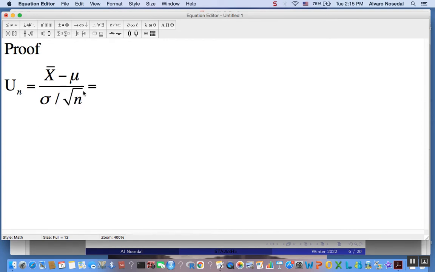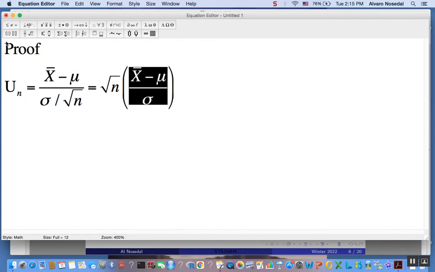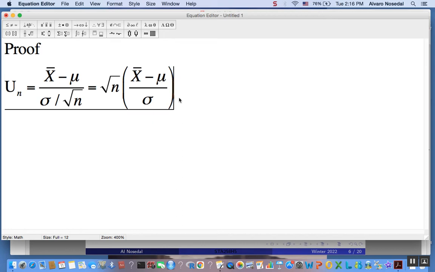Another way of expressing this is to keep this numerator, divide by sigma, and put the square root of n here. It's the same, I'm just doing a little algebra: instead of dividing by sigma over the square root of n, we multiply by the square root of n.